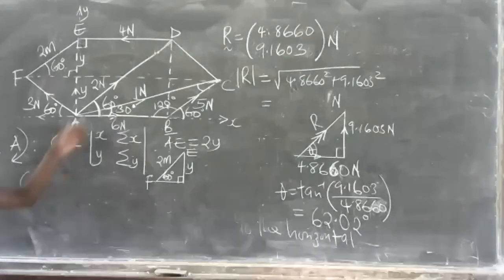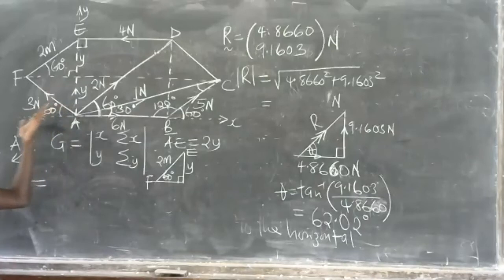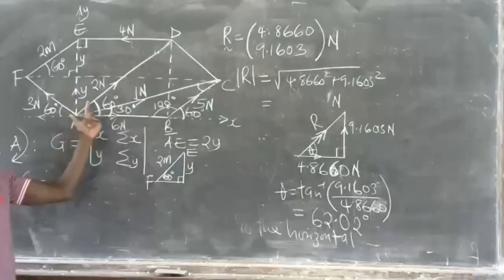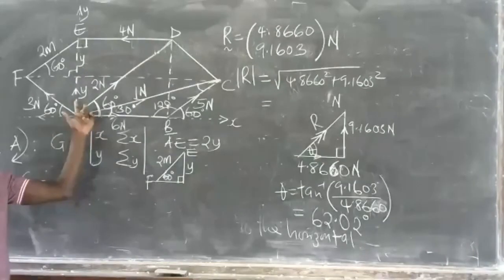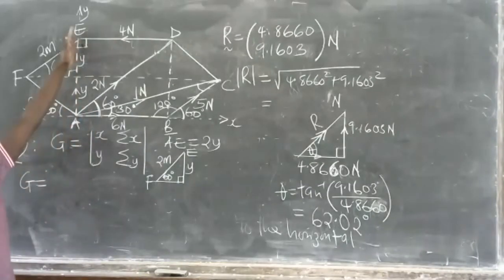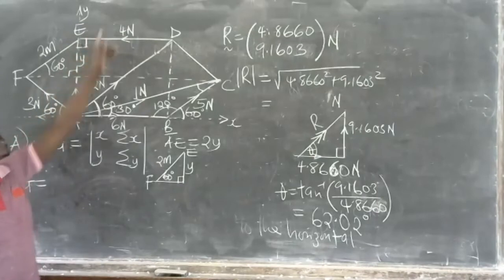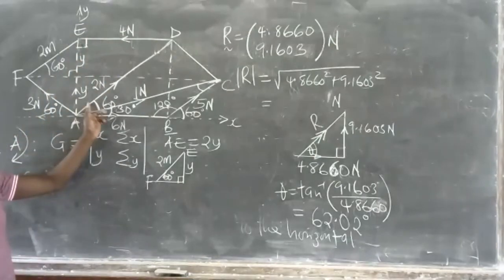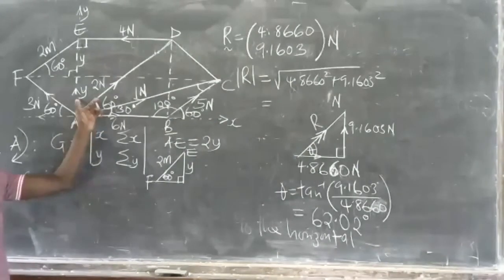What do you do? We want to use this angle. What is this angle? This is 2 meters. If it is 30, then that is short.